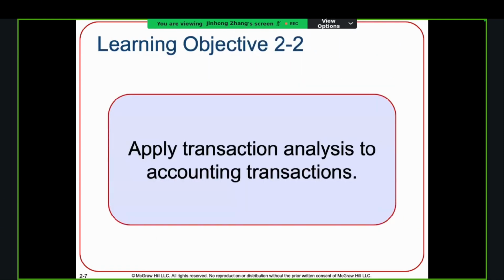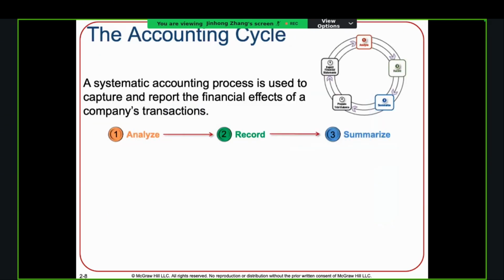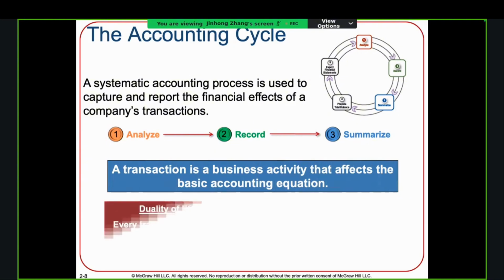Apply transaction analysis to accounting transactions. The accounting cycle is a systematic accounting process used to capture and report the financial effects of a company's transactions. As in the examples I was giving, you analyze, then you record it, and then you summarize it.